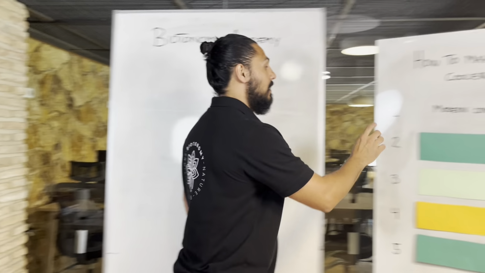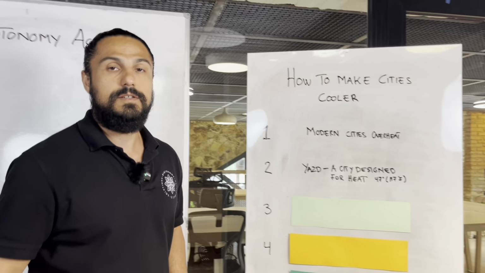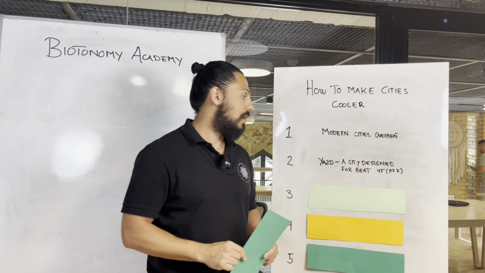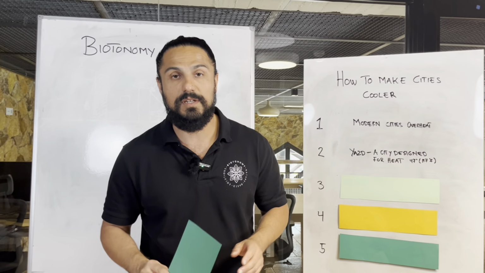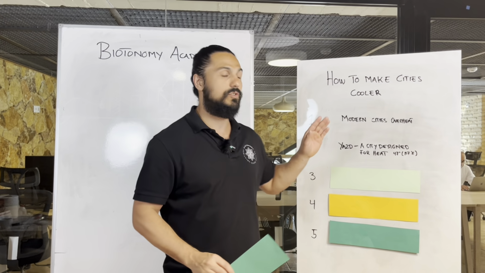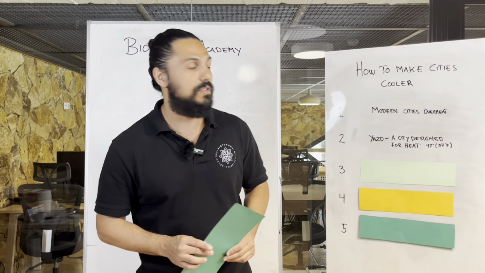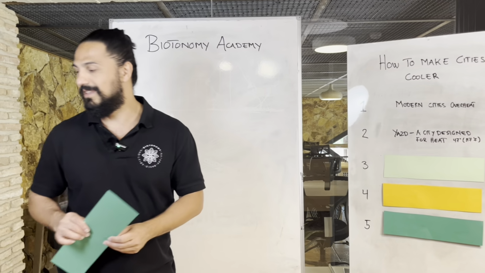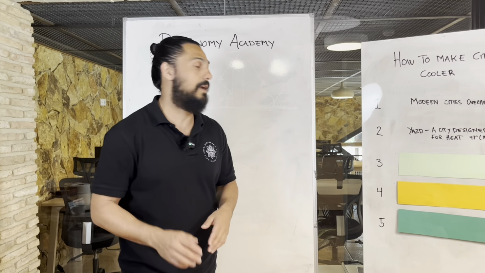And to understand this, we're going to look at a city in Iran called Yazd, which is a city that is designed for heat. This city has temperatures up to 47 degrees Celsius, and that's almost 117 Fahrenheit.